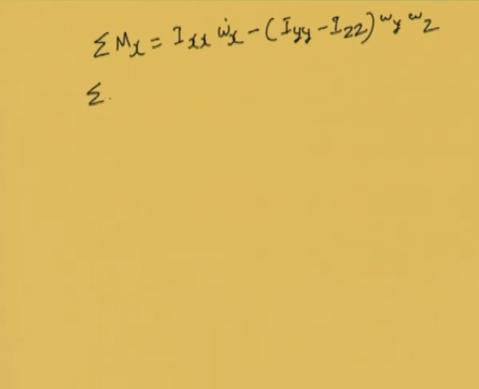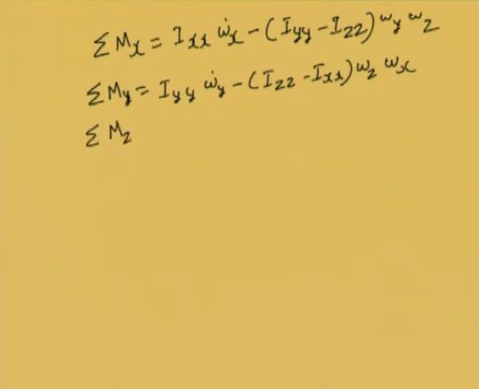Sigma My is equal to Iyy omega dot y minus (Izz minus Ixx) omega z omega x.